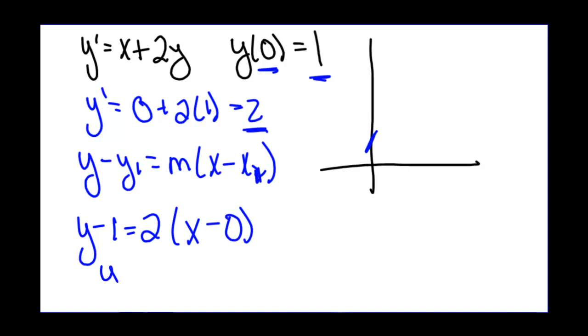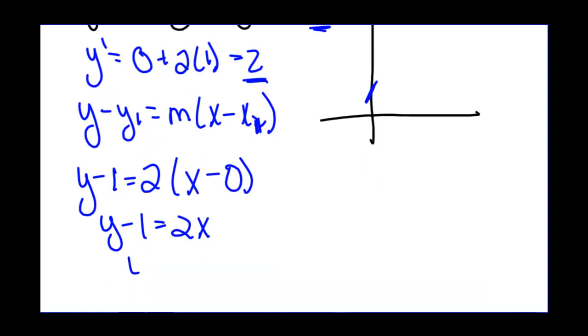So y minus 1 equals 2x, and y equals 2x plus 1 is the equation of this line that is approximating our curve.